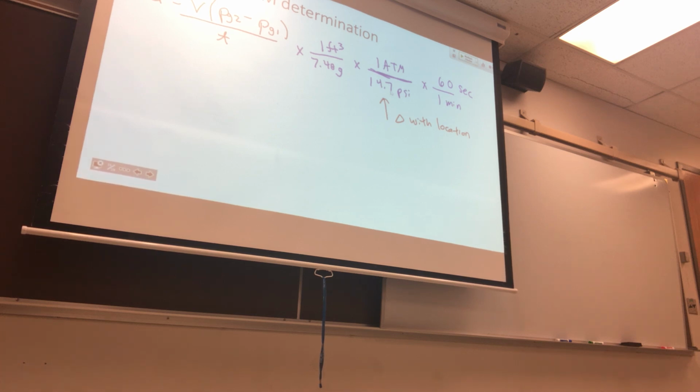So let's write down what all these things are. So our Q, that's our CFM. So got a foot cubed per minute, cubed foot per minute, whatever. V is volume. I officially hate this. Yeah, that's in gallons.